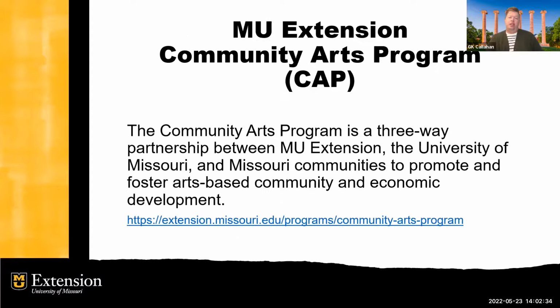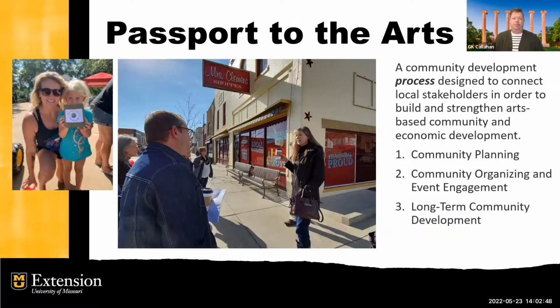Our program is a 3-way partnership between MU Extension, which is our land-grant university arm, the University of Missouri, and Missouri Communities to promote and foster community and economic development. One of the main things that we've done over the past couple of years, actually right before COVID hit, is a curriculum called Passport to the Arts.